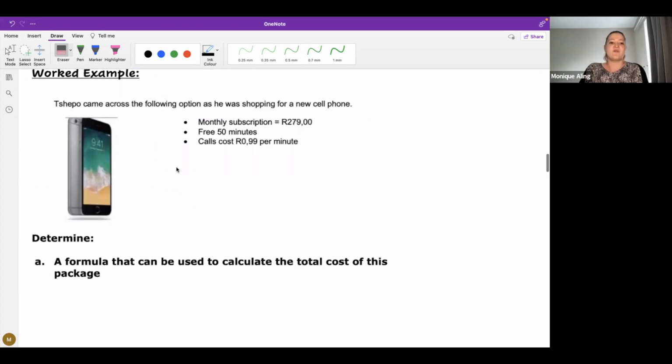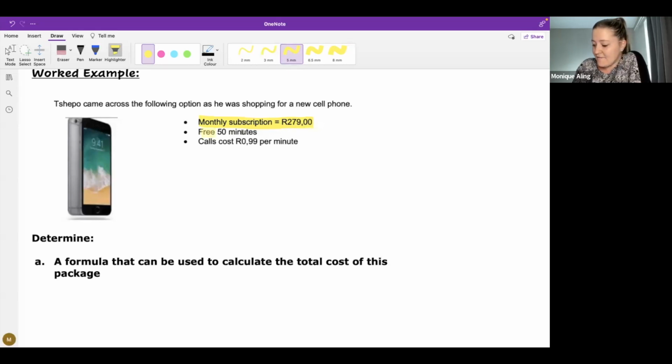All right, so we have a worked example. This is one that I'm going to do with you. It says, Tsepo came across the following option as he was shopping for a new cell phone. We're looking at 3 bullet points. The first bullet point mentions that there's a monthly subscription, meaning he's obviously looking at a contract.